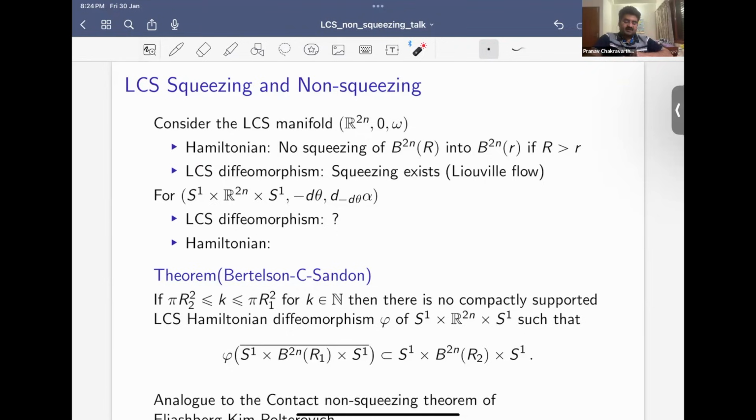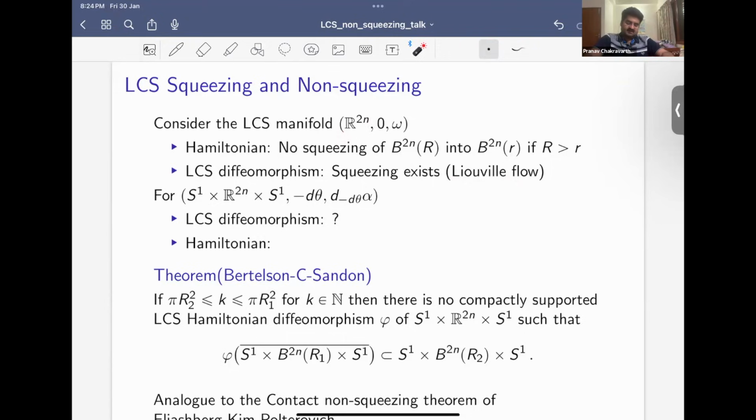However, there is squeezing via an LCS diffeomorphism because you're no longer required to preserve the symplectic structure, and you can scale it. So the usual Liouville flow on R2n would squeeze a bigger ball into a smaller ball.